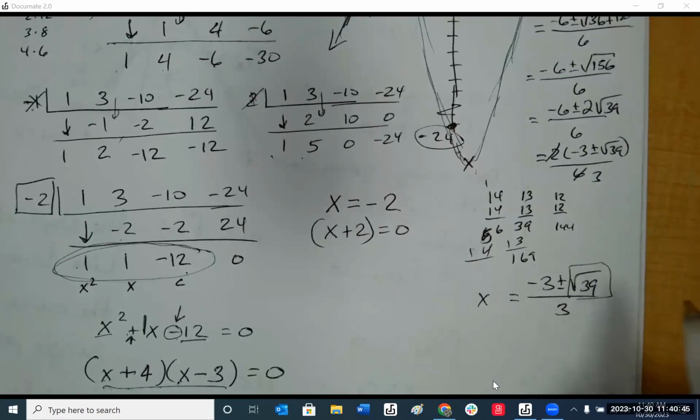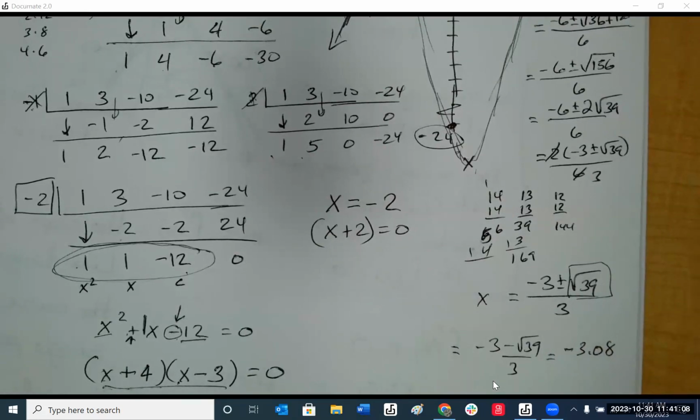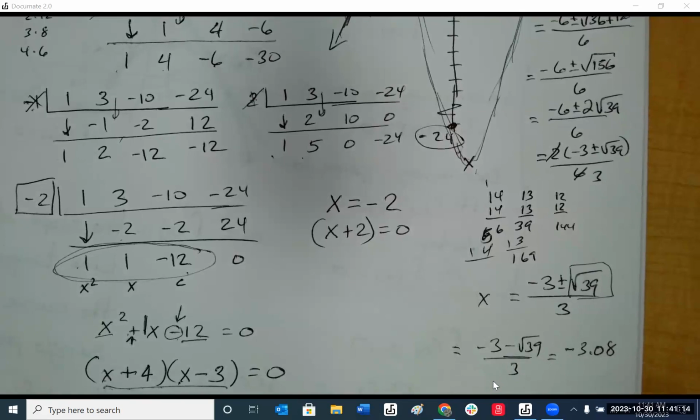So, on the calculator, what's it going to be on the negative side? -3 minus root 39 over 3 is -3.08. And the positive side? 1.08.